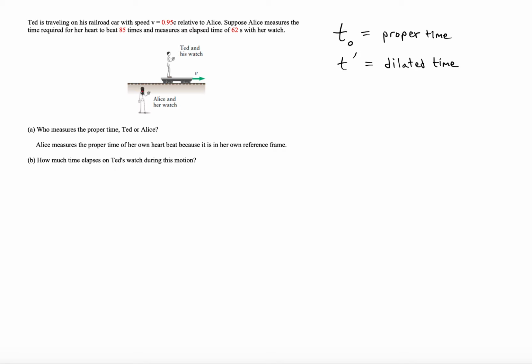And that's the relativistic phenomenon that we see with time, that it can be stretched but never shrunk. So it's sometimes helpful to think of the proper time as the shortest possible time for an event to take place. And then, of course, the dilated time is a stretched time.